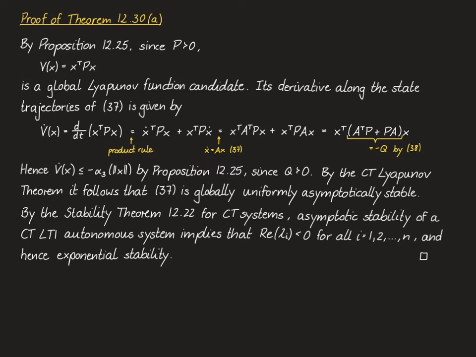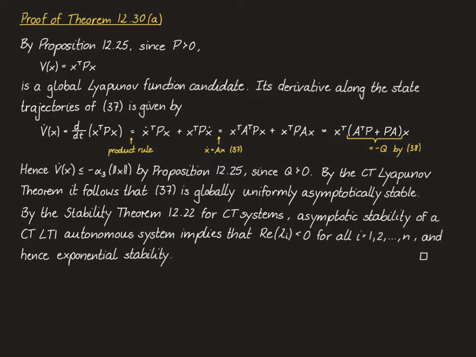By the stability theorem 12.22, for continuous time systems, asymptotic stability of a continuous time linear time invariant autonomous system implies that the real part of all of the eigenvalues has to be strictly negative, and hence the system has to be exponentially stable. And this is a general fact to remember about linear time invariant autonomous systems.